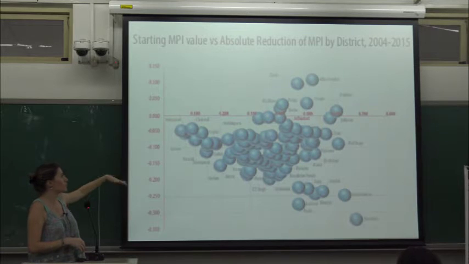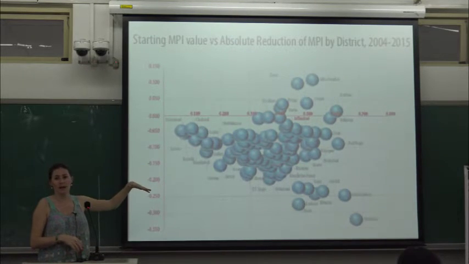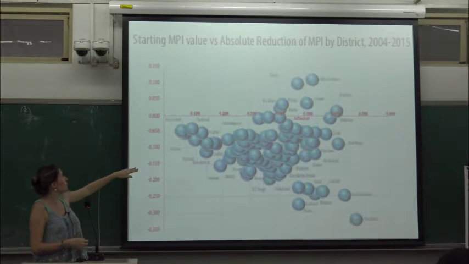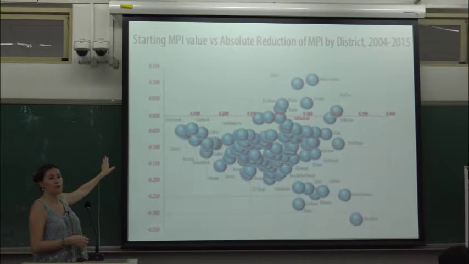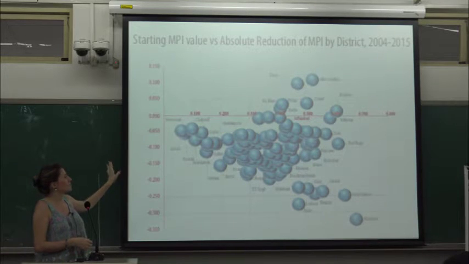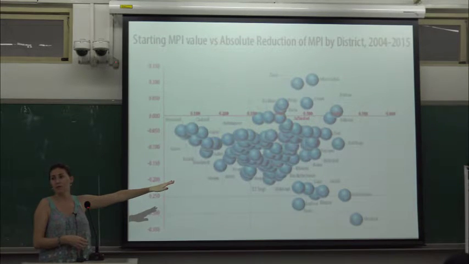So in this graph, what we are showing on the horizontal axis is the initial MPI, or the level of the MPI in 2004. Those districts that are closest to zero are the districts that were showing a lower MPI in 2004, like Islamabad, Karachi, and Lahore. And those further to the right are the ones that were showing the highest levels of the MPI in 2004.